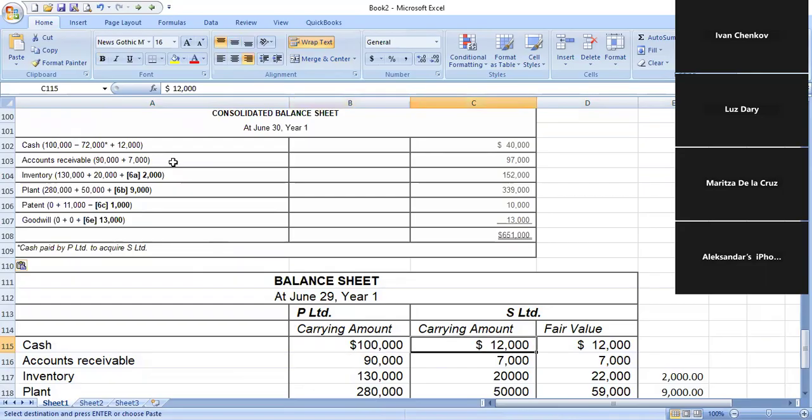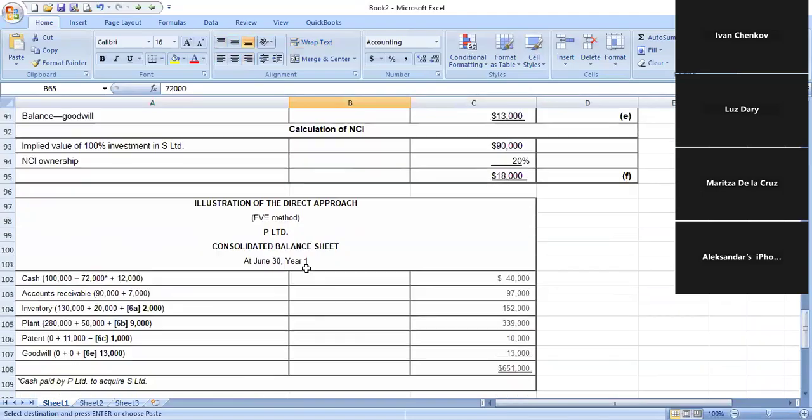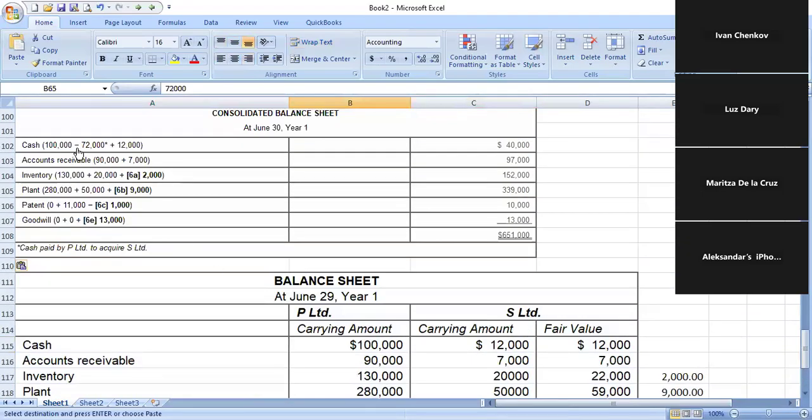Their assets are $12,000. But I paid $72,000 for the shares. Remember, we're paying $72,000 for the shares, so we have to eliminate those from our assets. So our assets will be $40,000. So 100 plus 12 minus 72, 40,000.